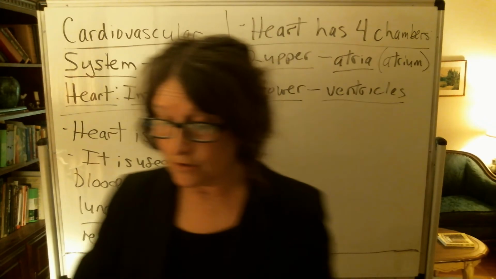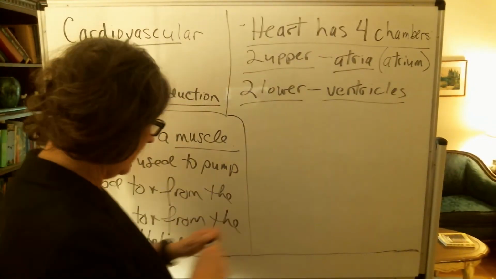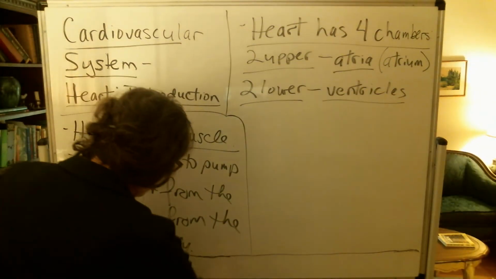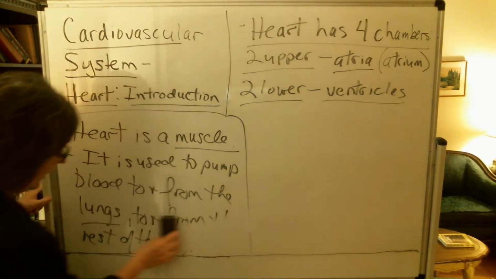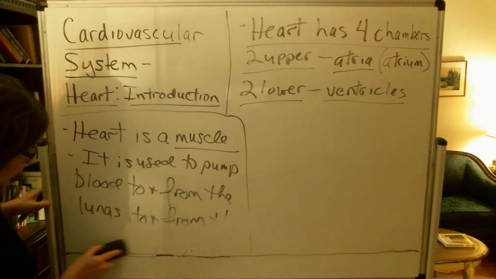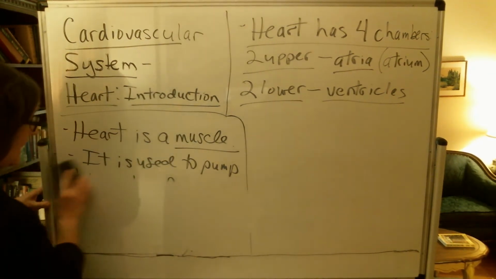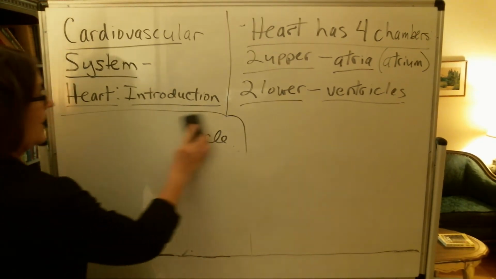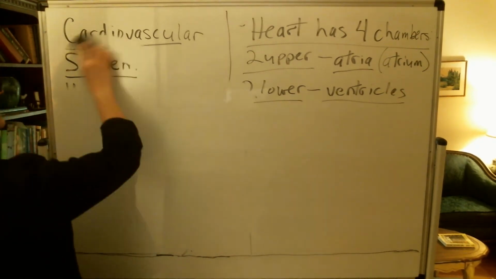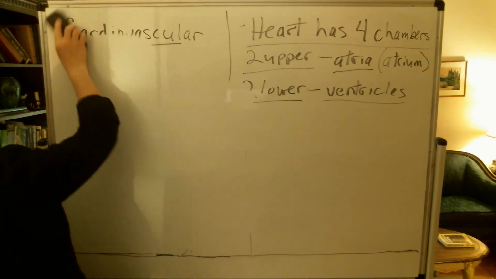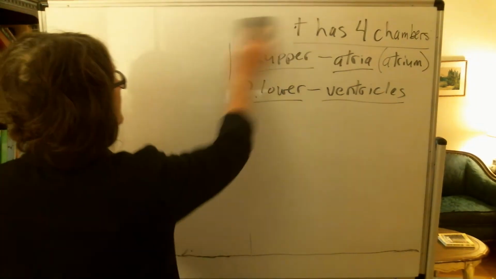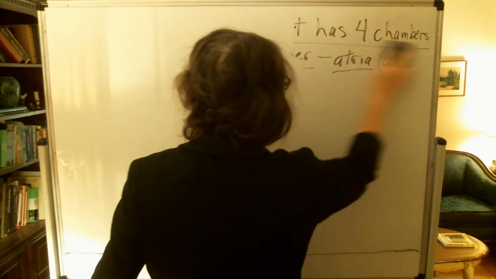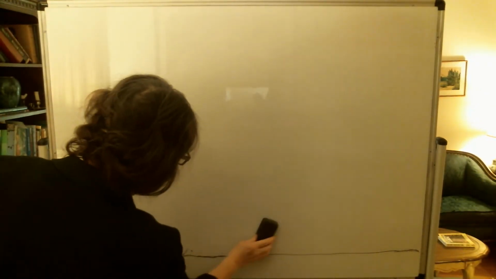And what I'm going to do now is just quickly put on the board the kind of diagram that I will be using to show you things that happen in the heart. And you need to understand that this diagram is not meant to look like the heart. It is simply diagrammatic of things going on in the heart.